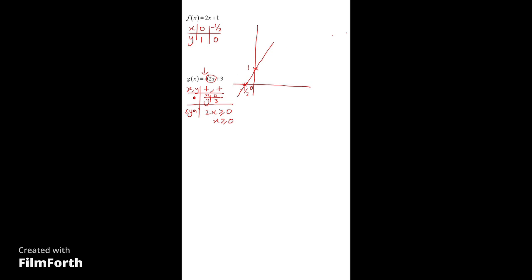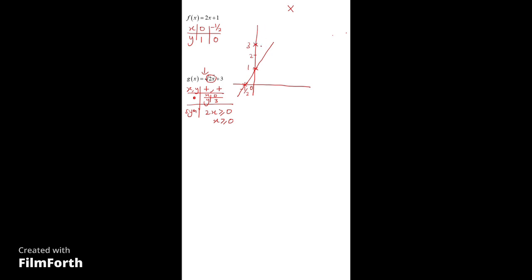Okay, next for the third function, x and y have positive sign, so the graph will go towards the upper right. The point for the third function is x is 0, y is 3, so (0, 3) is here.